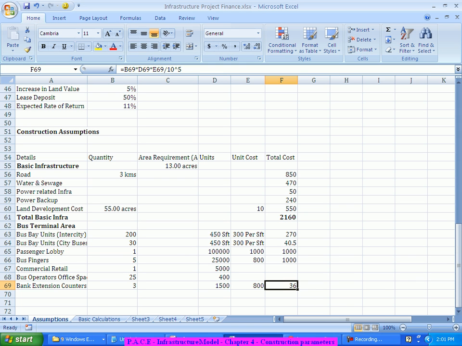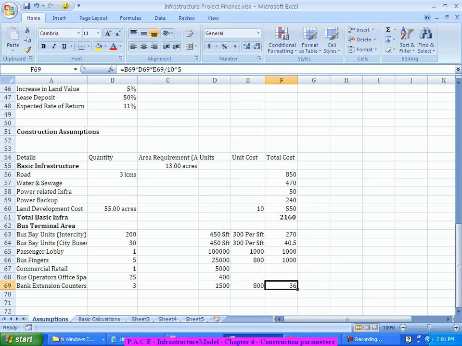If they want to develop these two also, that's where as a construction company or as a partner in the PPP project, you may think of whether you would like to develop this or outsource it. Let's say any private partner in this, they may think, okay, they are ready. In this case, at least they are ready to operate the bank extension counters themselves or develop them, maintain them themselves. In some other case, probably for bus operators and all, I'll just give the space for them.